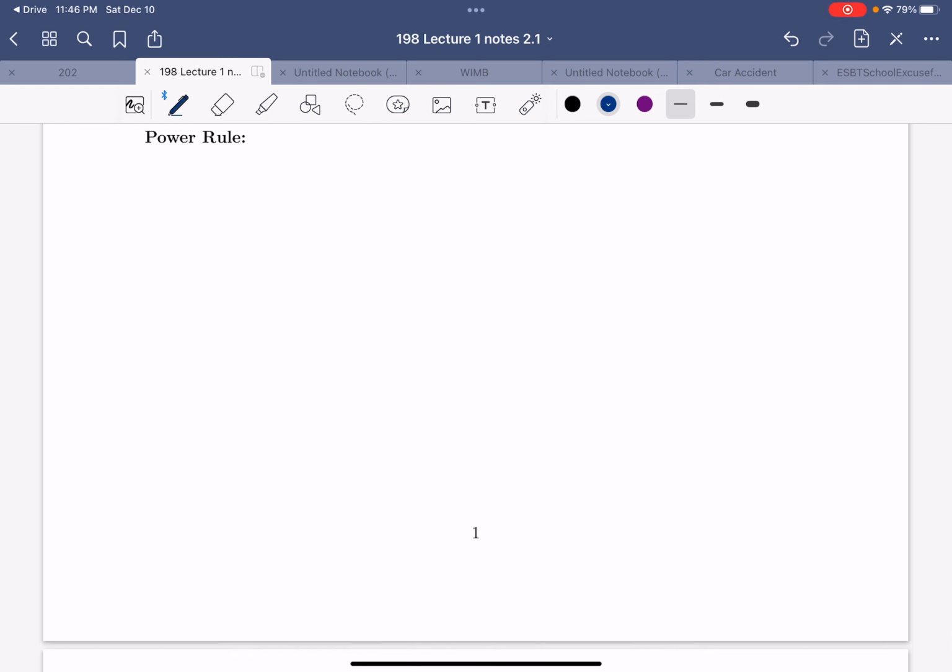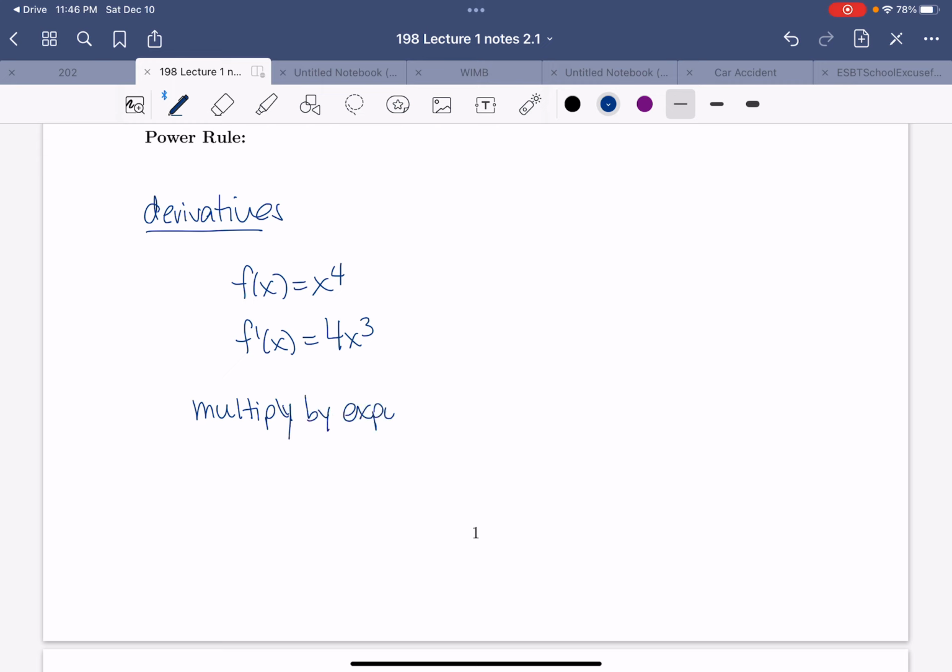If we think about our power rule for derivatives, if I had f of x equals x to the fourth, in order to take the derivative, f prime of x, we got 4x cubed by multiplying by the exponent, and then we took the exponent minus 1.